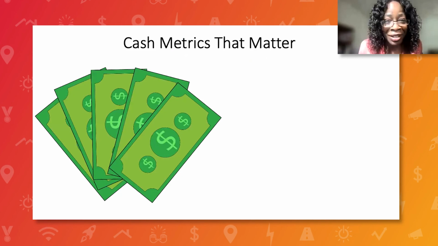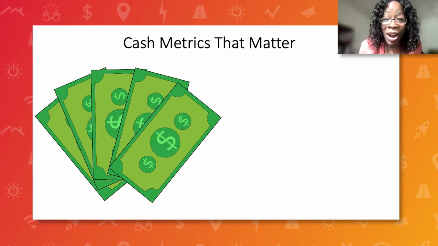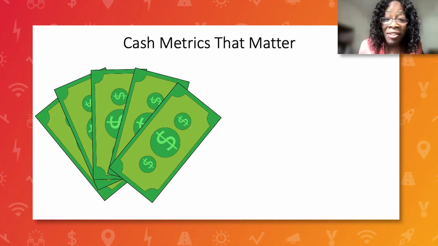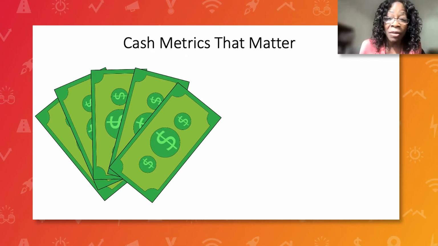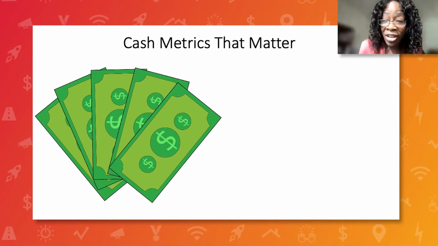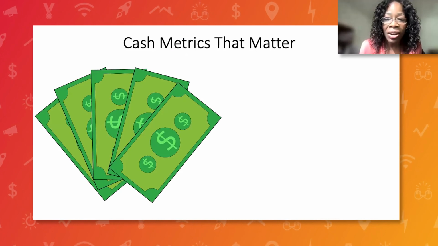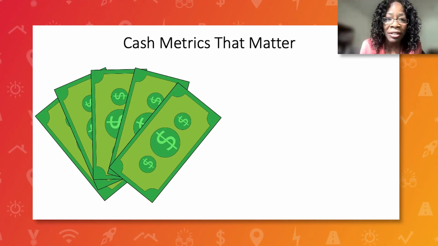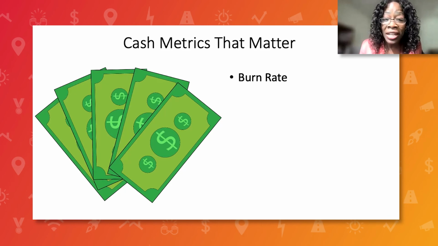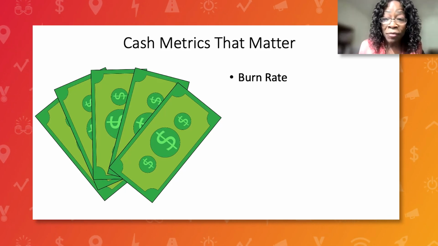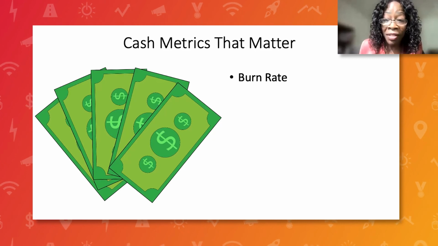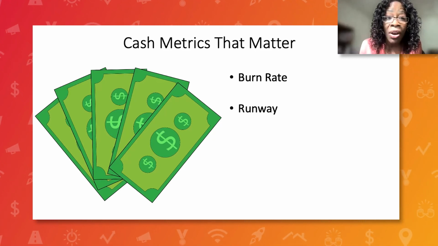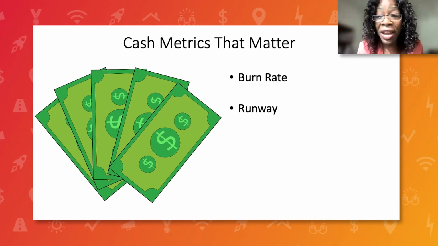Of these metrics, we're going to focus, number one, as I said, every startup should be focused on this when you're starting a business, because you have no revenue. So you have to keep track of how much you're spending. And so the first thing is your burn rate. You want to know your burn rate per month, and you want to know how long you can spend at that rate.